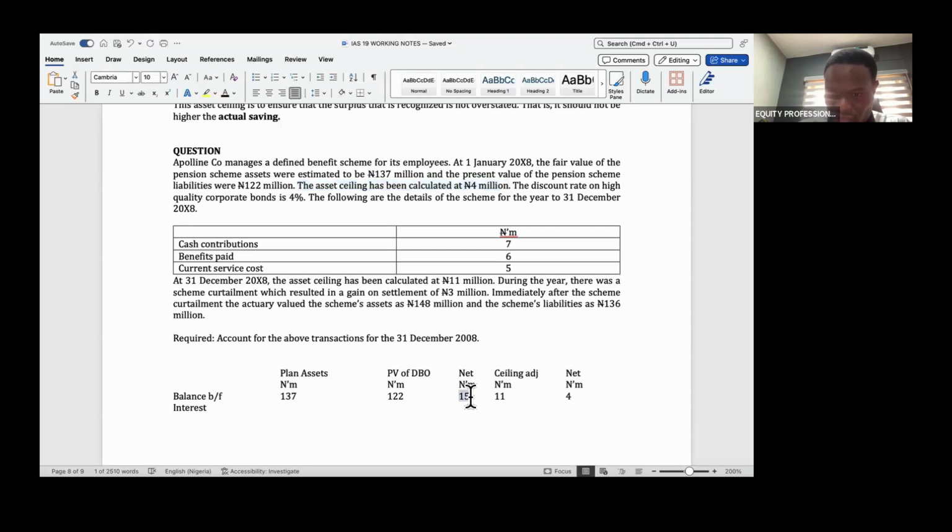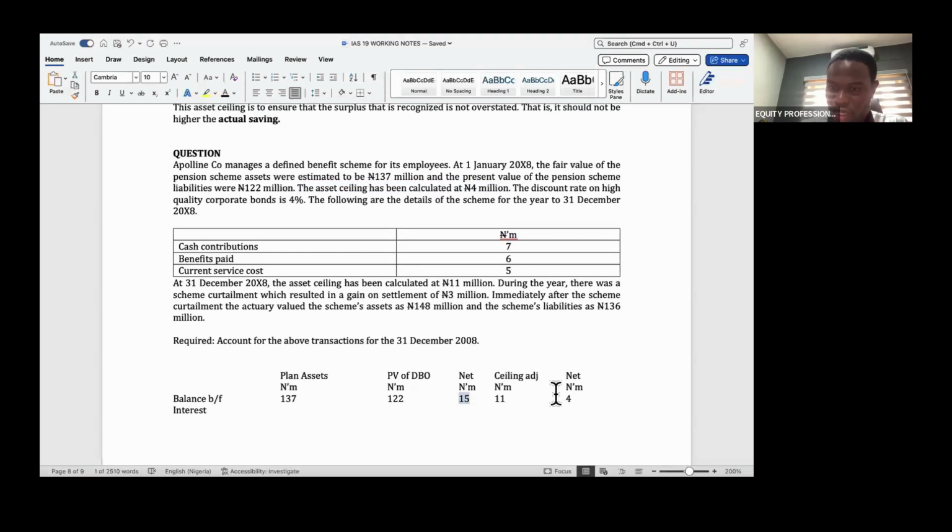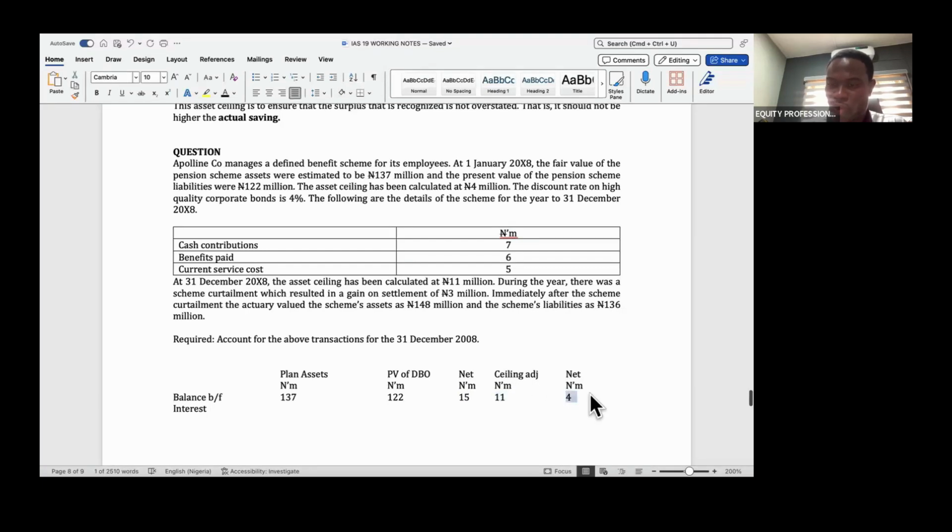So instead of this 15, what we would have to recognize is actually 4 opening. So this 11 million you're seeing here is just the difference between 15 minus 4. It's like there's a decrease by 11 to come to 4. So it's just 15 minus 4 to arrive at this ceiling adjustment. Did I help?